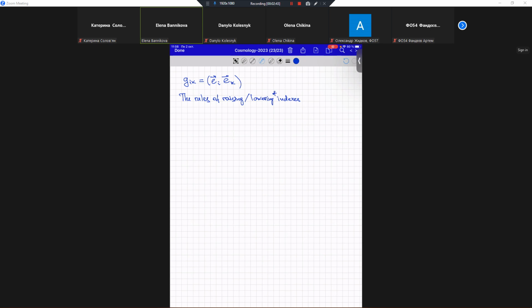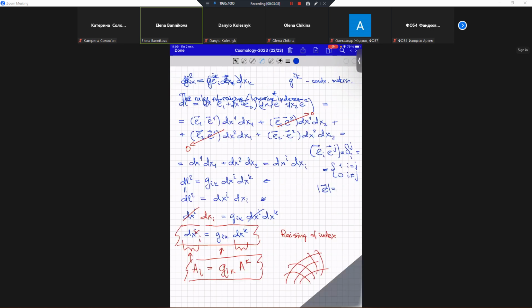It means we can do some operation with tensors, but finally we again obtain a tensor. On Friday we received a rule and proved it, which tells us how we can make an index lower when we have an index higher. I will repeat it here.